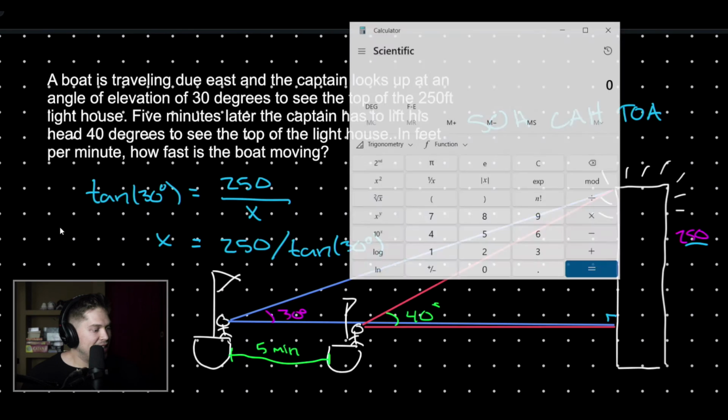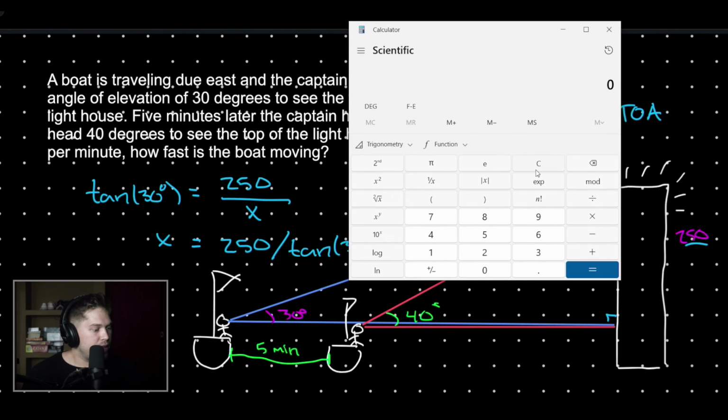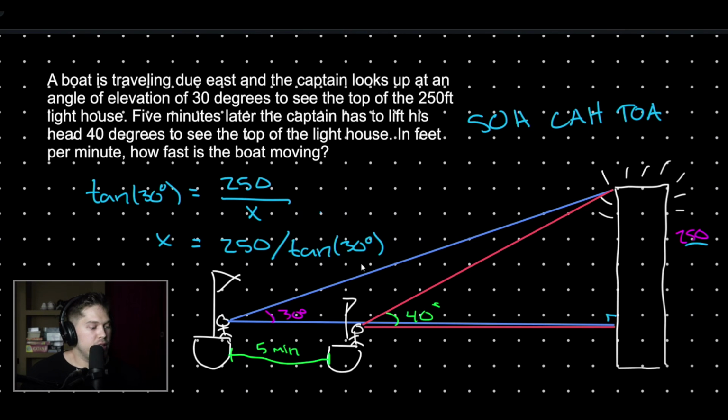Here it is. So on my calculator, we're going to take 250 and divide by tangent of 30 degrees. And we get that we're a distance of 433 feet away. So this is approximately 433 feet.